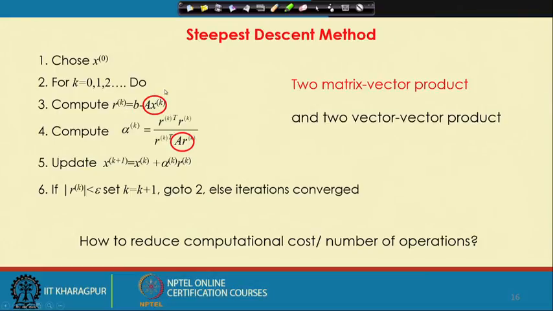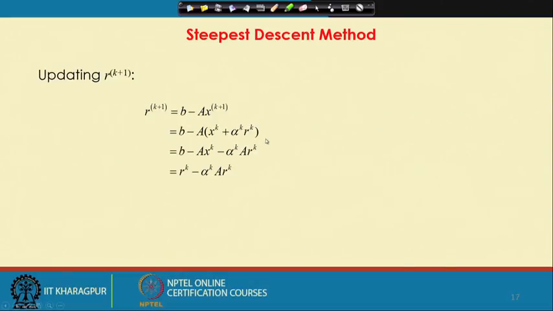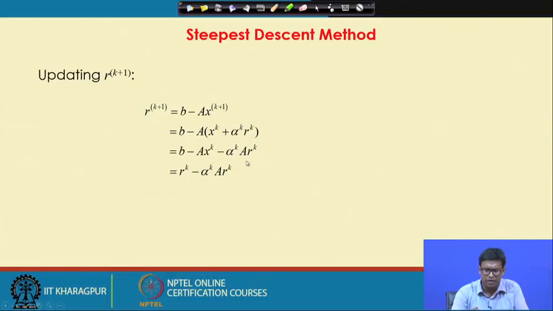r k is equal to b minus A x k. Once we update x, we need to do a matrix vector multiplication here. So, that is what is replaced. Updating r k plus 1 is equal to b minus A x k plus 1, which is b minus A x k minus alpha k A r k, that is r k minus alpha k A r k.